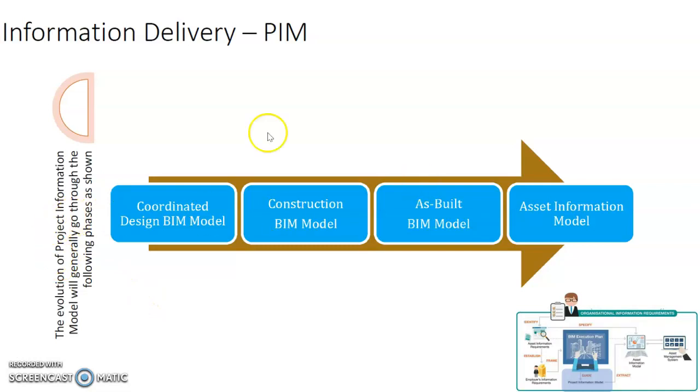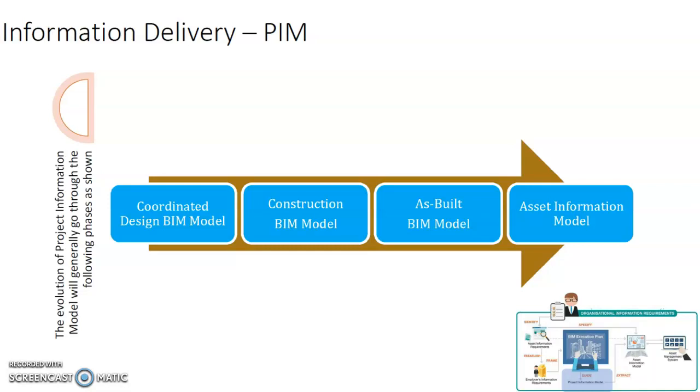Right, so the evolution of the project information model will generally go through the following stages. It will start from the very initial concept design stage, and finally, as the project commences or continues, it will then go on to the coordinated design BIM model, and the model gets revised, and updated, and more information is included.